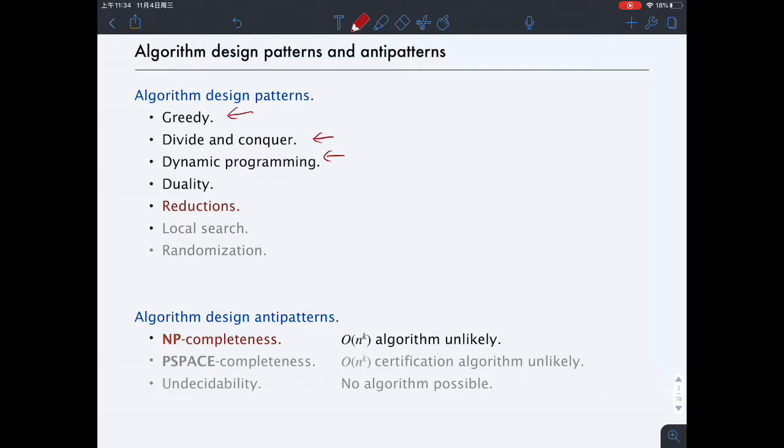But it's different from greedy because sometimes local optimum solutions done sequentially don't lead to the global optimum. It's also similar to divide and conquer, where you have a big problem and divide it into smaller pieces, but the difference between dynamic programming and divide and conquer is that there are overlapping components between the pieces.